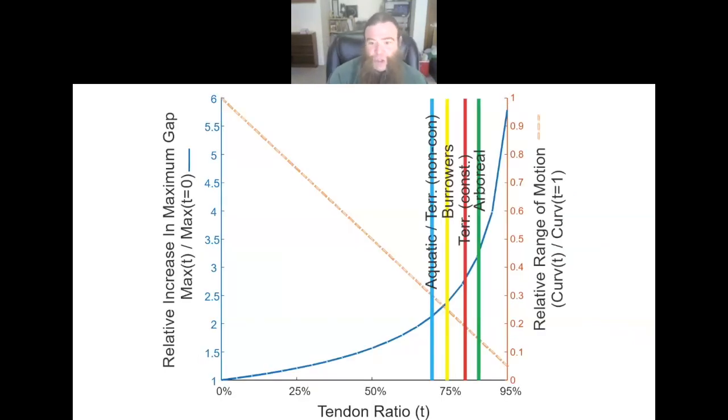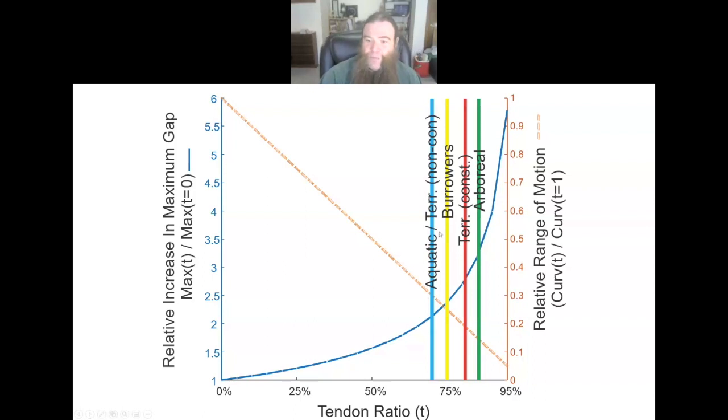So this gives us a trade-off. We have this linear trade-off going from the orange line for the relative range of motion compared to a monoarticular system, or a system with no tendon, and the benefit of tendon in this blue line.